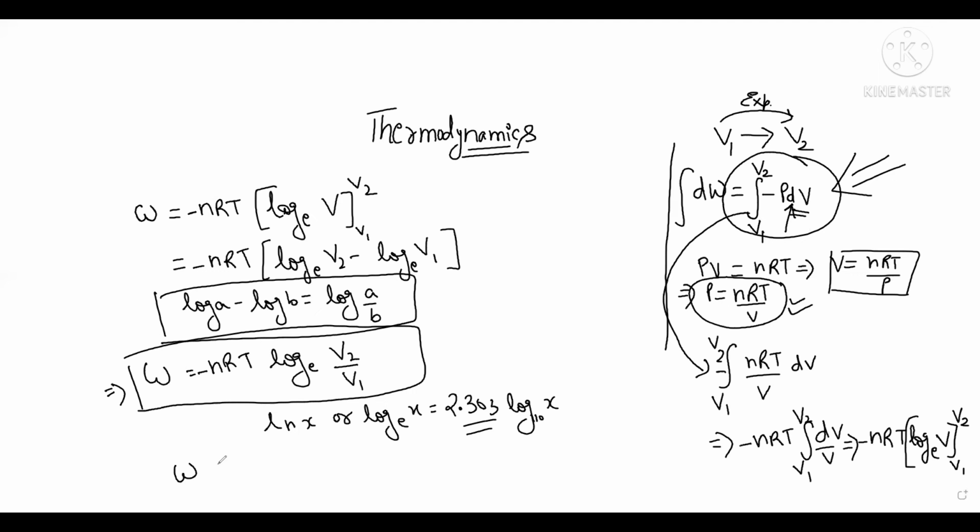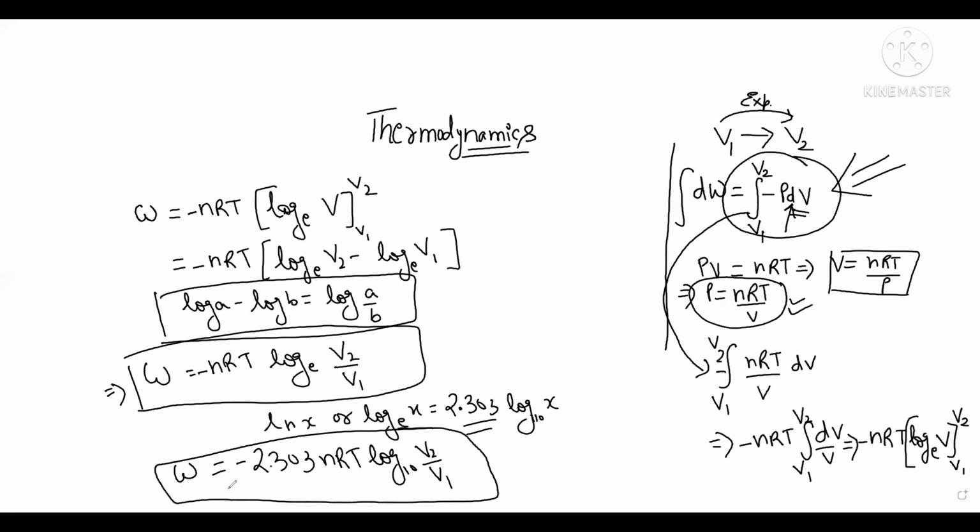So the final formula, now converting log to the base e to log to the base 10, equals minus 2.303 nRT log to the base 10 V2 by V1. This is the final value for work done in an isothermal reversible process.